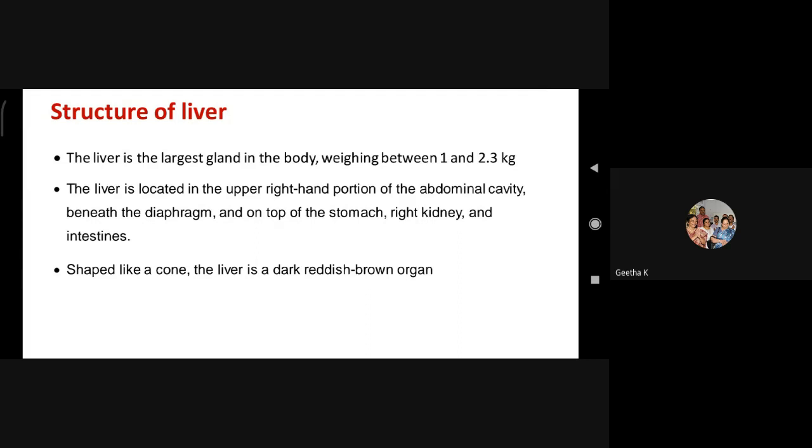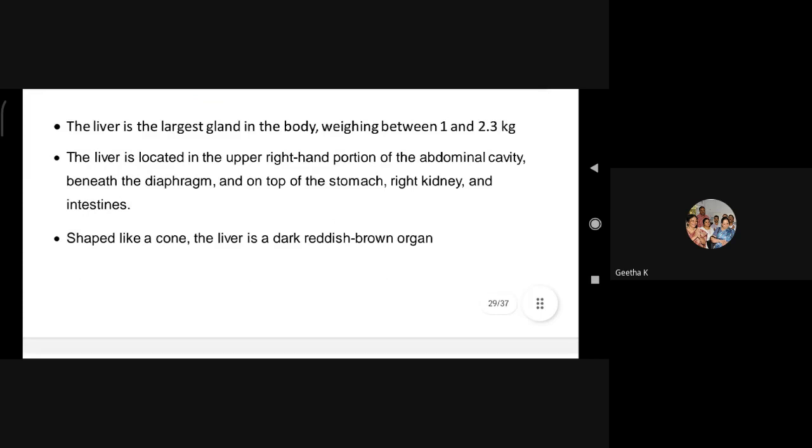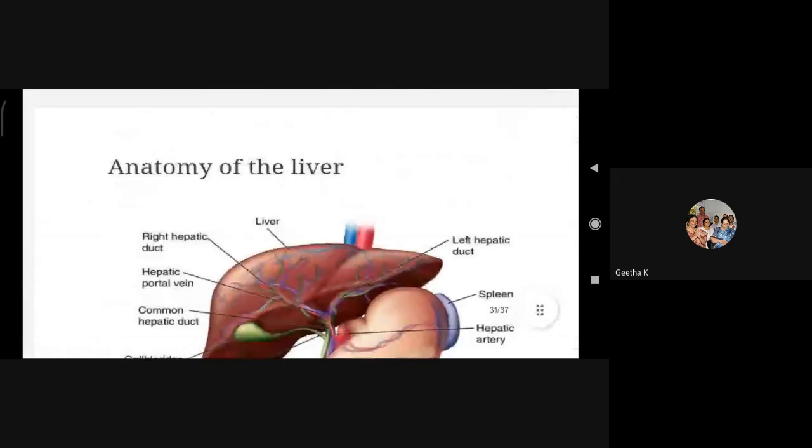Okay, then liver is located in the upper right portion of the abdominal cavity beneath the diaphragm and on top of stomach, right kidney and intestine. So here the location is stated. Now see the location in this picture.